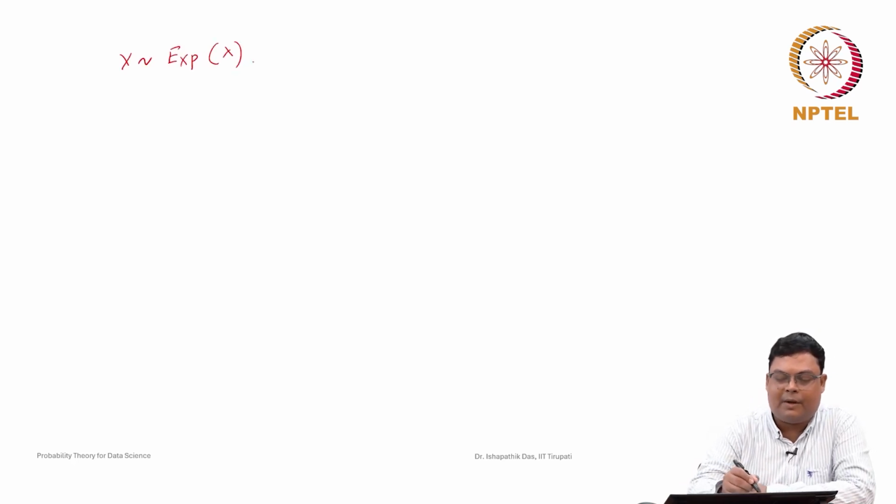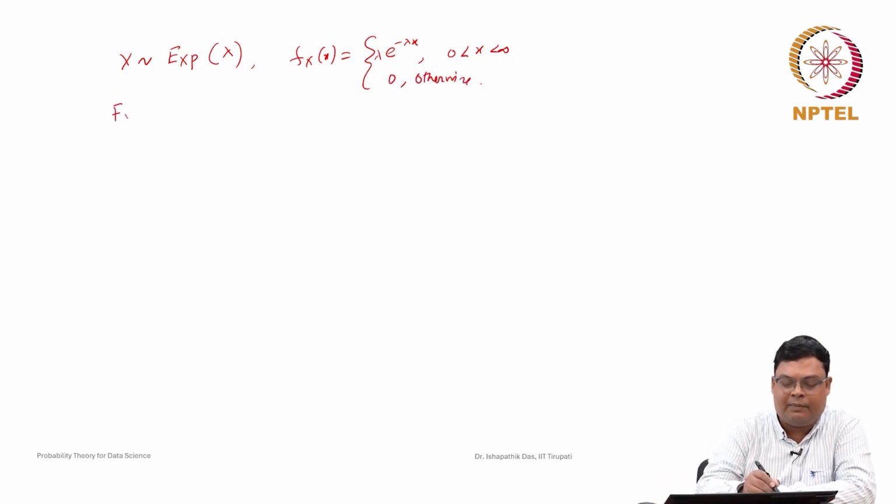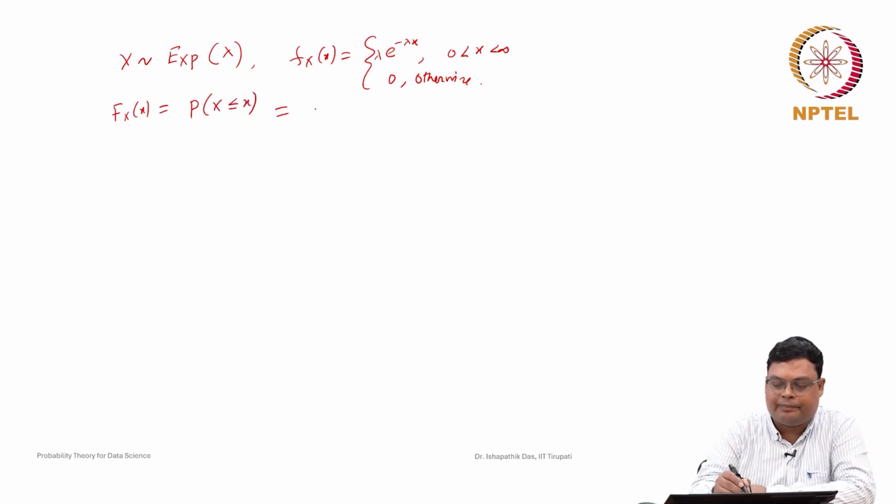Let us recall that when X has an exponential distribution with parameter lambda, the probability density function is given by lambda e to the power of minus lambda x, whenever x is greater than 0 and less than infinity, and 0 otherwise. From here you can derive the cumulative distribution function F_X(x), which is the probability that X is less than or equal to x. It is 0 whenever x is less than 0.